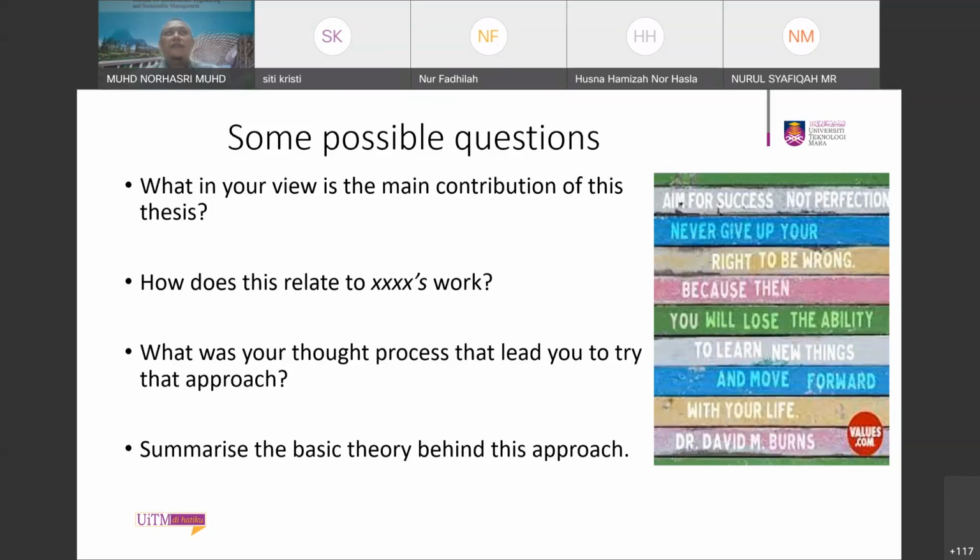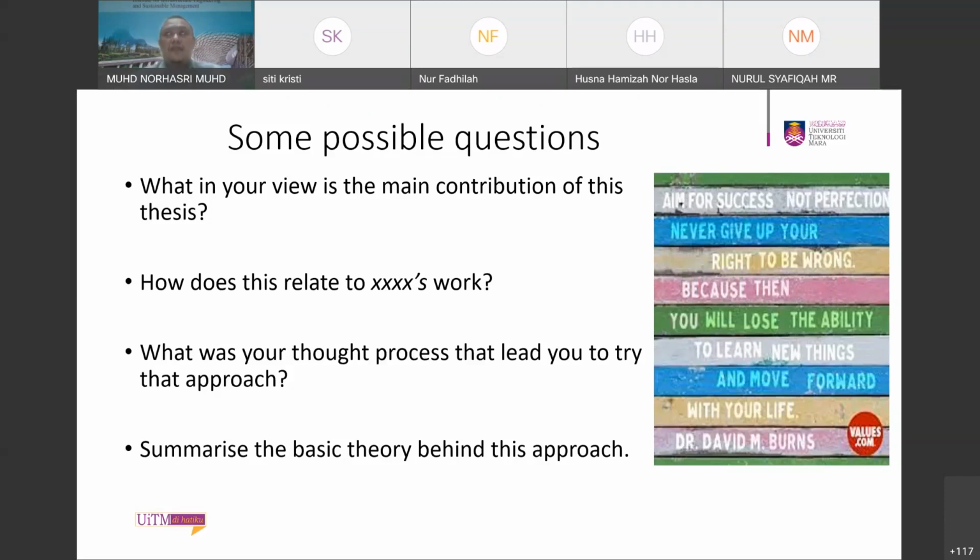For example, a few weeks before your DRP presentation, you find a paper that is quite similar in title that has already been published in a journal. Read through the journal and put down some keywords and notes. What is the difference between yours and the new journal that you have found?